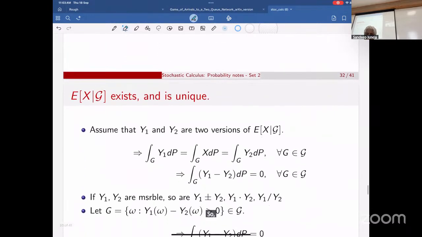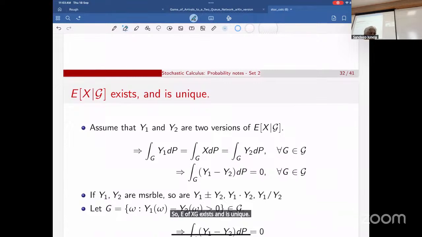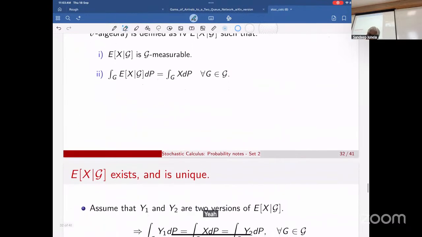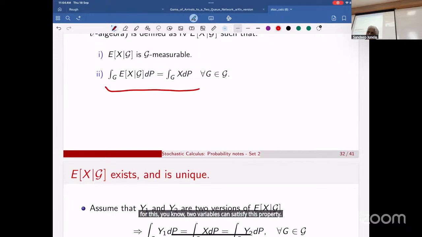So E of X given G exists and is unique. These are addressing Siddharth's questions. Two variables can satisfy this property when they're equal almost surely, and both of them can be G measurable.